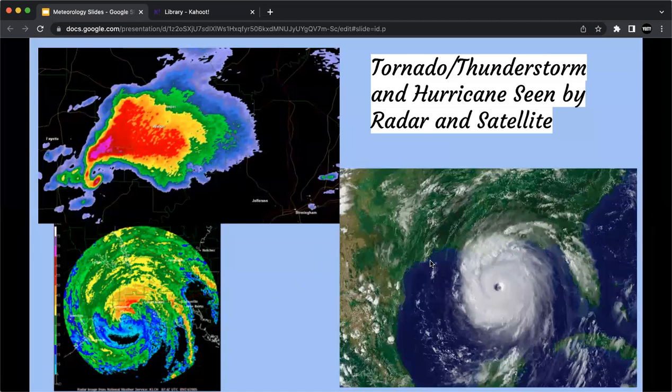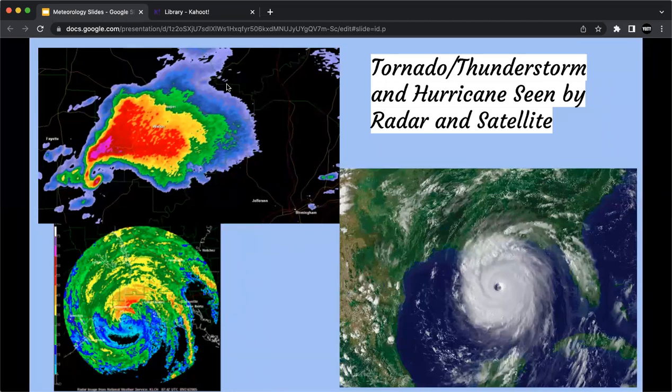Here I found some photos of some severe weather, and these are taken by radar and satellite. The two pictures on the left are radar pictures, and the bottom right one is satellite. You can tell it's radar since satellite basically just images the storm from above, but radars send electromagnetic pulses, and then they can see the structure of it.